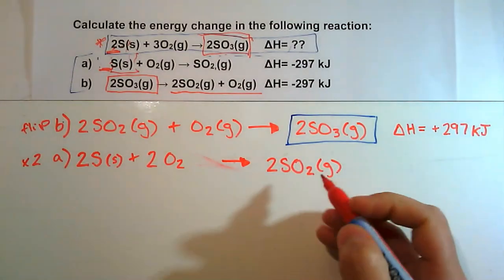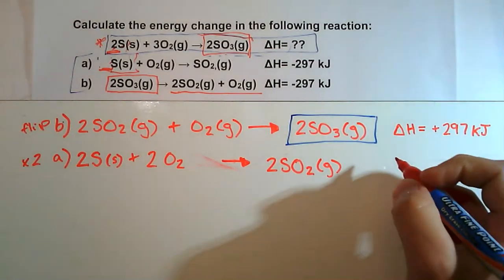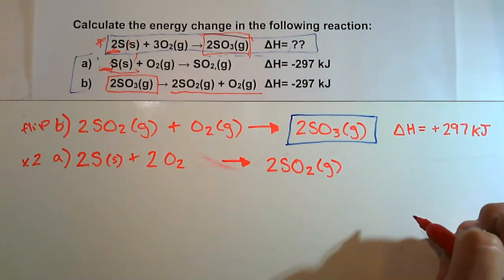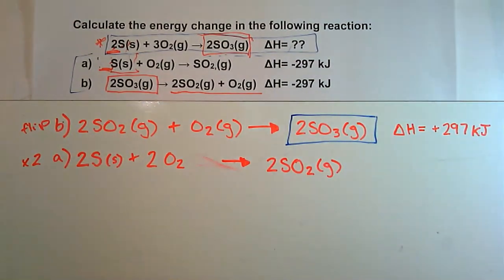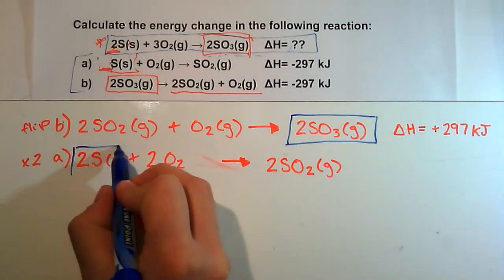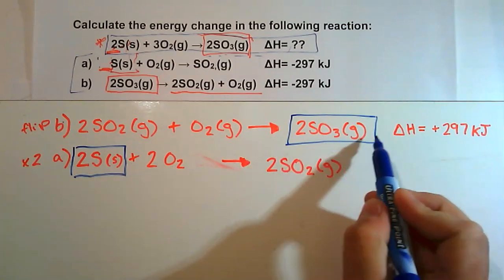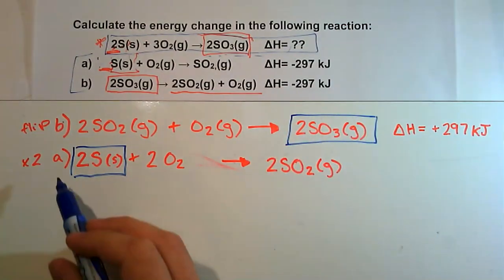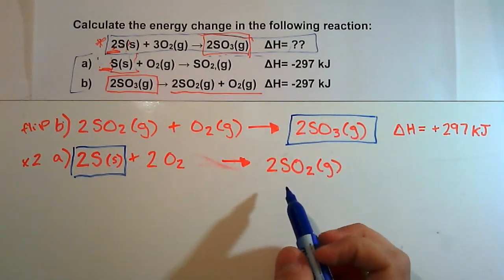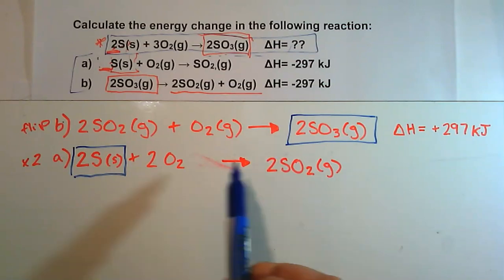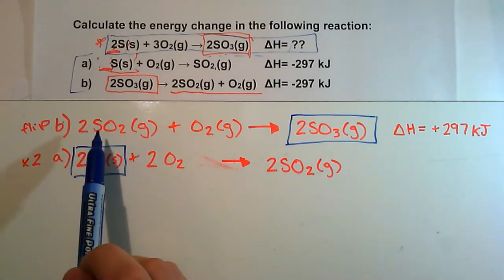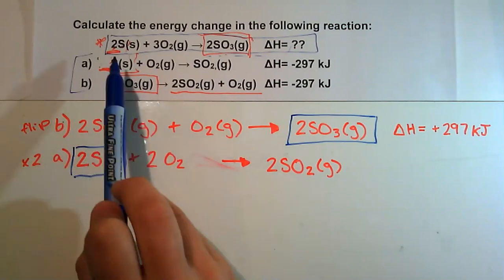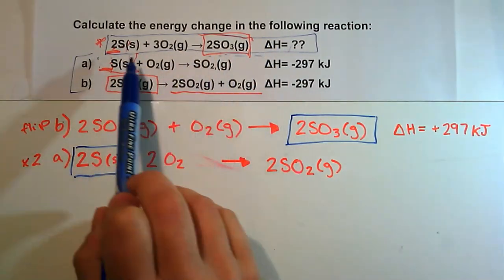Okay. So before we do our manipulation to our delta H value, let's make sure that things are going to add up properly in the end. I wanted to keep these 2 sulfurs, and there's nothing on the product side to cancel it out, so those will stay. But now I need to look at whether or not this SO2 will cancel out, because I don't want these SO2s in my target equation. They're nowhere in there.